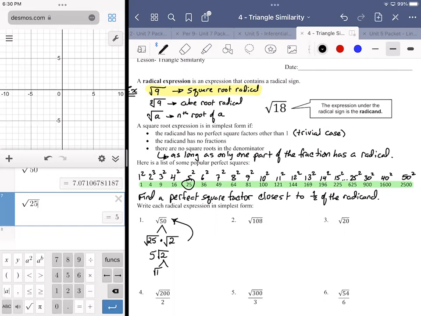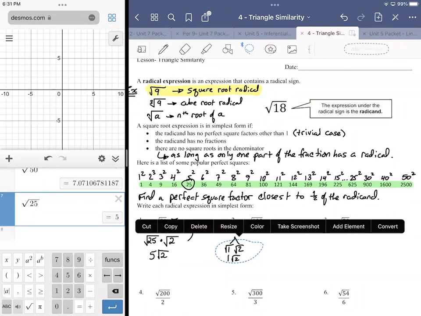Radical 1 times what? Well, it would be radical 2. What's the square root of 1? 1. What's the square root of 2? Dang it, we didn't accomplish anything here. All right, that's the trivial case. You can always break up a radical based off of factors involving a radical 1 and the number itself, but it's not going to get you anywhere, right?